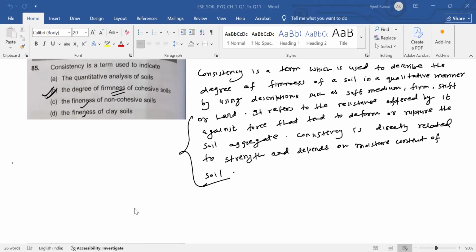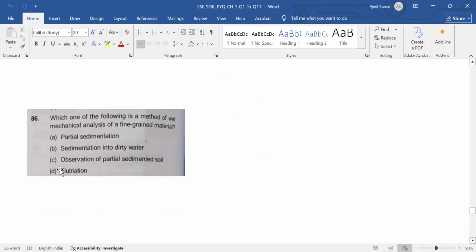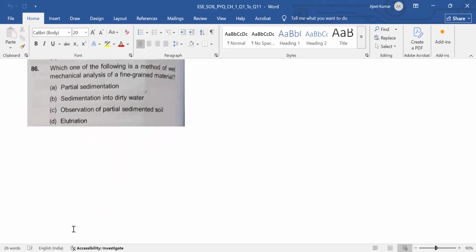Now question number 86. Which one of the following is a method of wet mechanical analysis of a fine grained material? Very famous wet mechanical analysis methods are the hydrometer method and the pipette method.